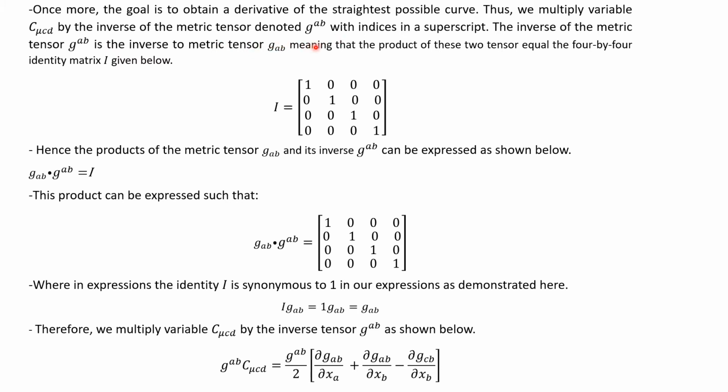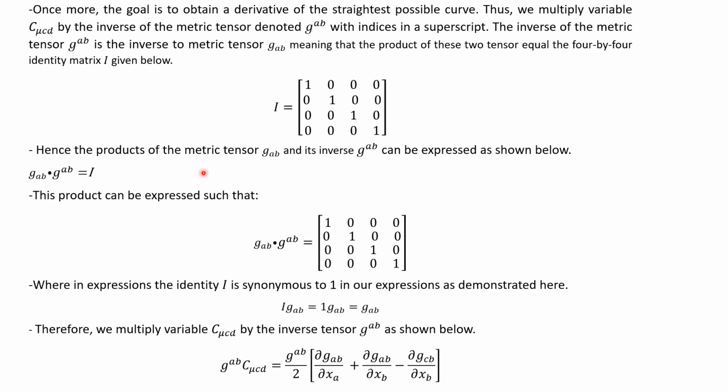This is the inverse tensor with indices in the superscript. So we see that the indices of the inverse tensor are on the upper side. It's in the superscript. The inverse of the metric tensor, denoted this, is the inverse of the metric tensor, which is seen here with lower subscripts, with the indices in the subscripts, meaning that the product of these two tensors equals the 4x4 identity matrix, as we see here.